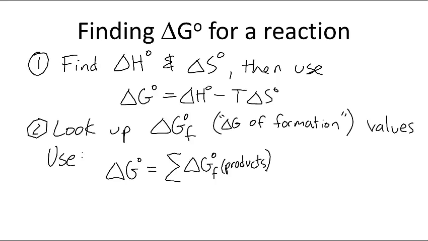What does this symbol here mean, this sigma? What does it stand for? The sum of. So the sum of the delta G of formation of the products minus the sum of the delta G of formation of the reactants.